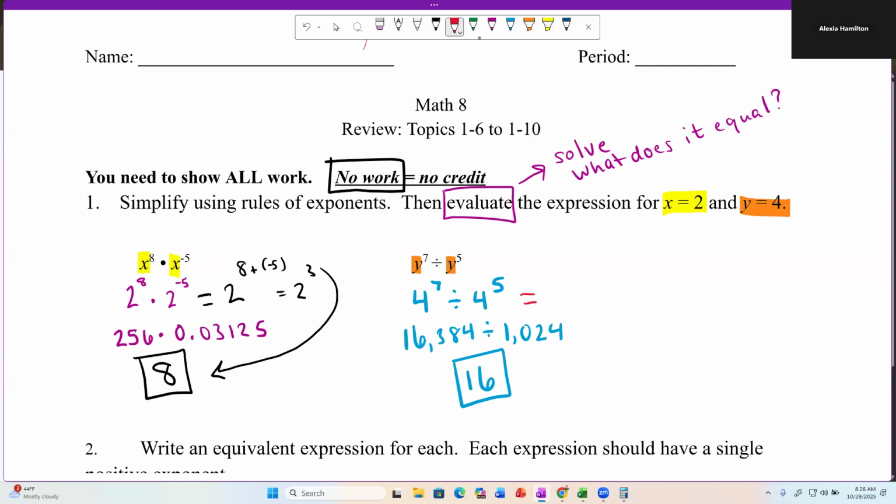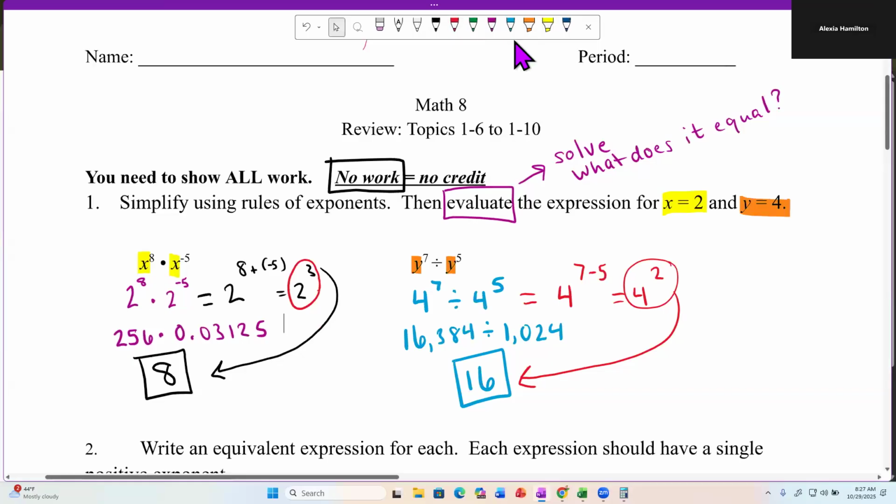So when I'm dividing powers that have the same base, my base is a 4, I can keep that base and subtract my exponents. 7 minus 5 is 2, and 4 to the 2 is equal to 16. Just like 2 to the 3 is equal to 8. Okay. Again, I don't care which work you show. You could show the work in blue. You can show the work in red. You just have to show work. Otherwise, you're not going to get credit.